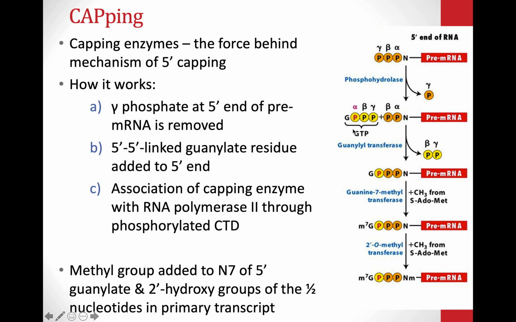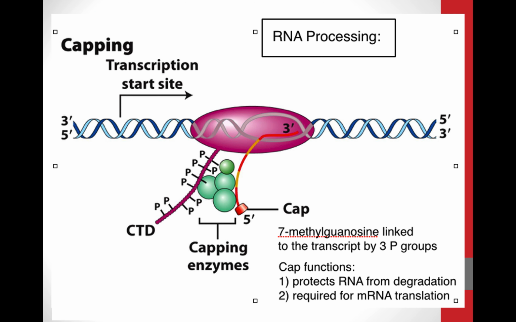The association of the capping enzymes with RNA polymerase through the phosphorylated CTD will make sure that this is going to go through the second process, which is splicing. A methyl group is added to N7 of the 5' guanylyl and 2' hydroxyl groups of the first nucleotides in the primary transcript.